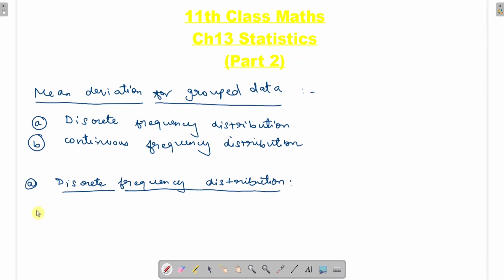In this, the first type of discrete frequency distribution is for the grouped data, and we have to find the mean deviation about the mean.